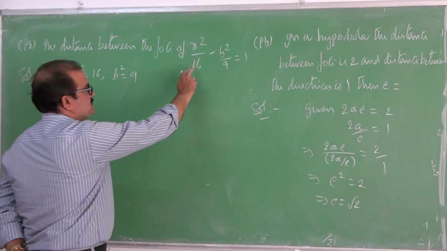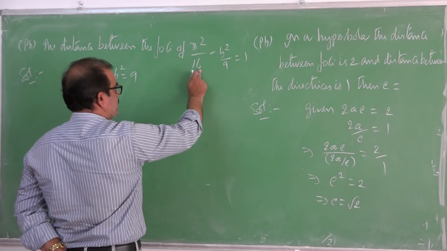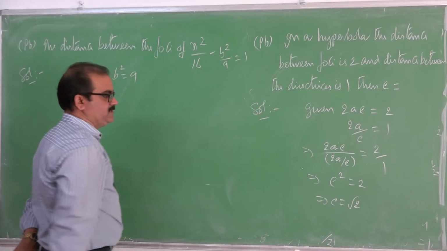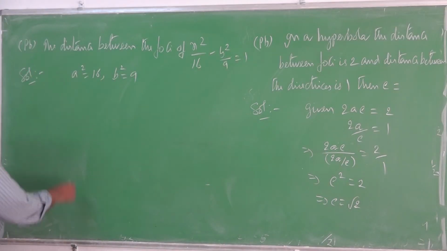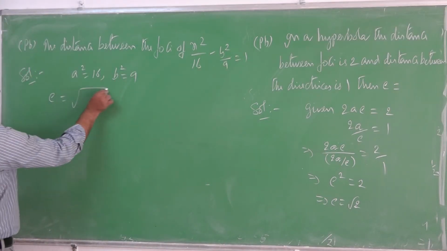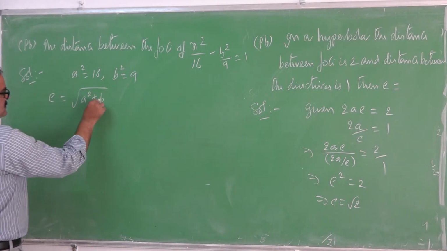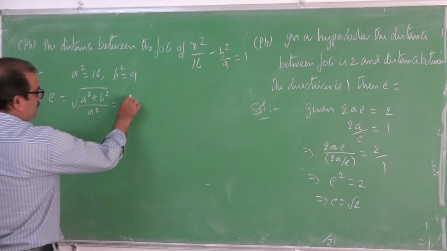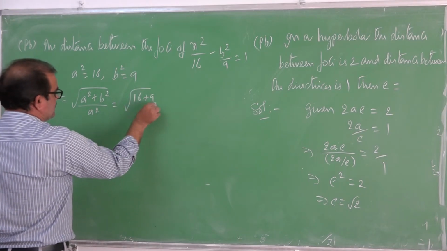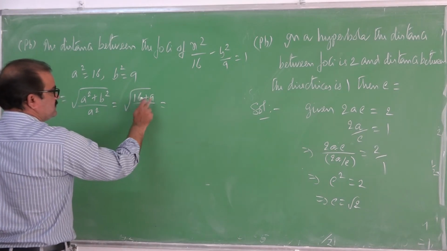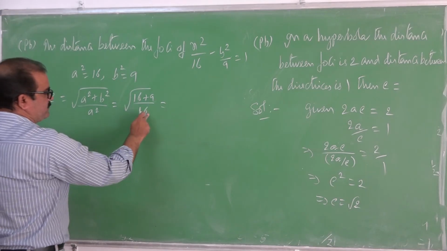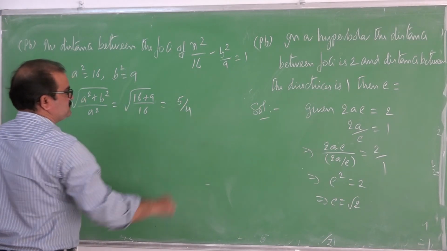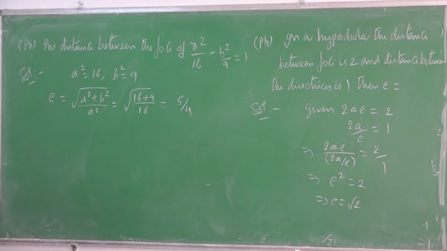This hyperbola is in standard form, x square by a square minus y square by b square is equal to 1. What is the formula of eccentricity? Root of a square plus b square by a square. Root of 16 plus 9 by 16, 16 plus 9, 25 by 16. That is 5 by 4.